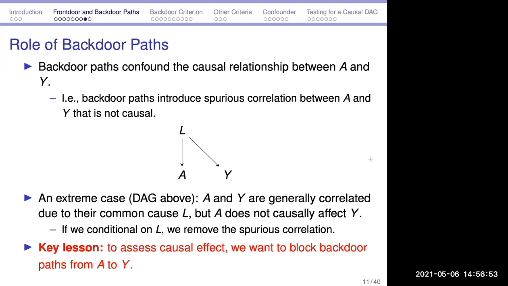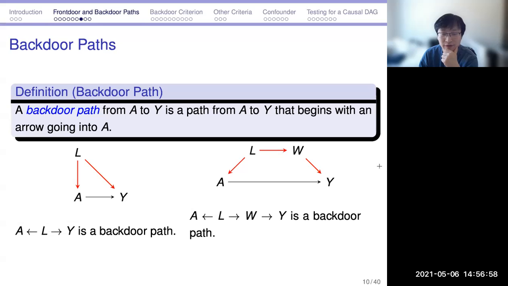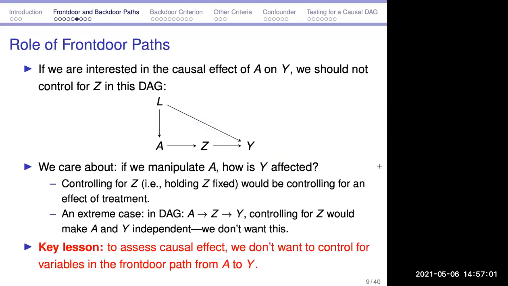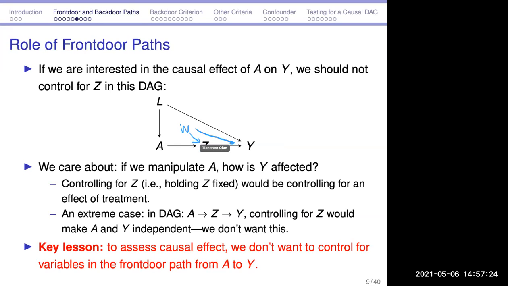Okay. Wait, can you go back to the slide before? This one or the one before that? No, the one before that. Yeah. So if there was a variable, let's say W, that was, to use terminology, hopefully fork, I think it's a fork. It goes to Z and Y. So if there is a W that goes to Y and goes to Z, you're saying? Yeah. So that's a problem, I think, when you're trying to assess the causal effect.